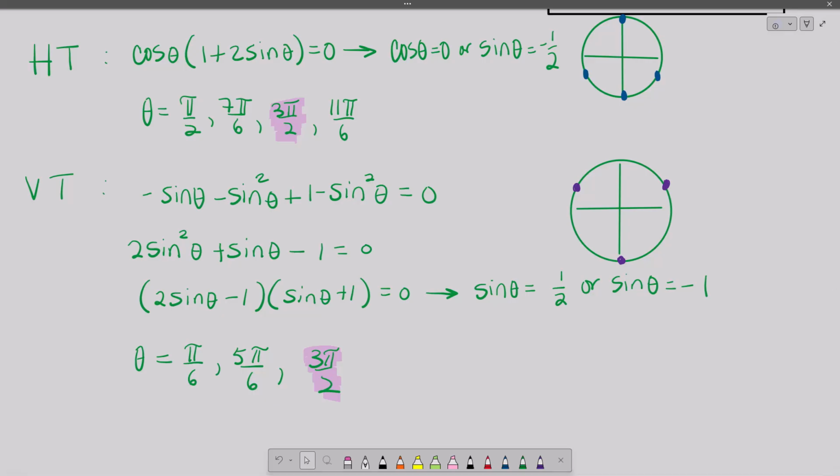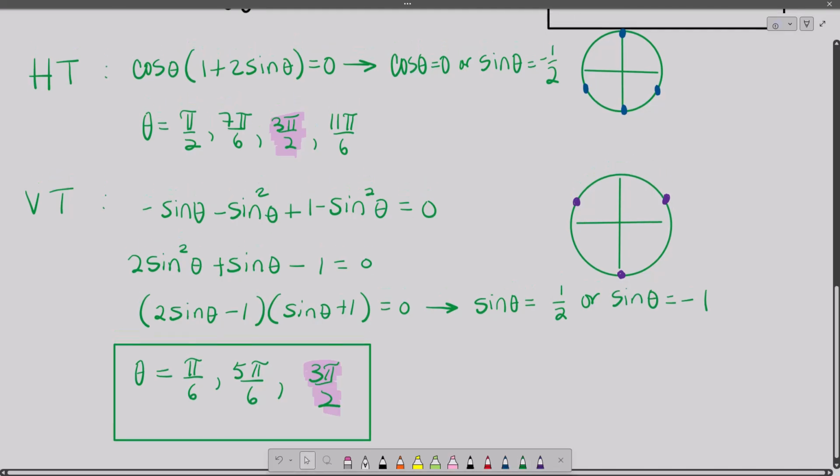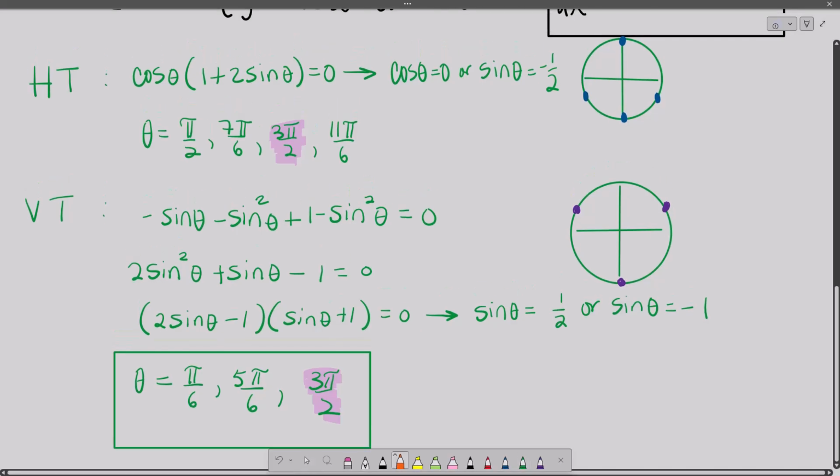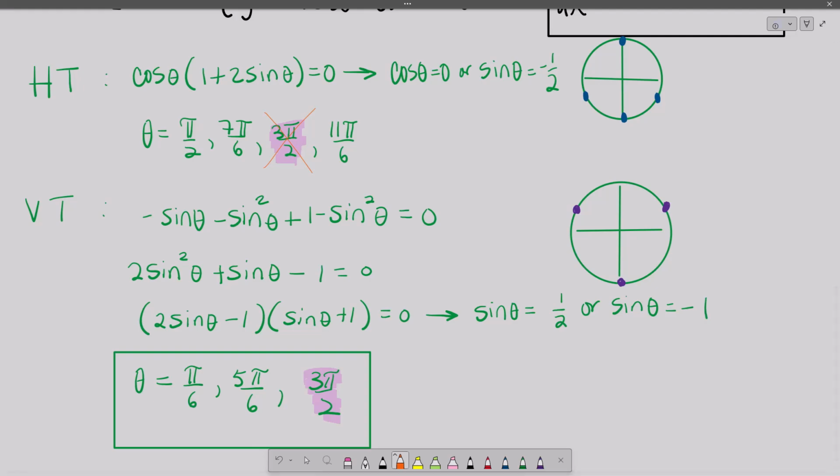The other ones, so these ones are all going to be vertical tangents, no matter what. This one is extraneous up here. That one is not going to create a horizontal tangent. The other 3 will create horizontal tangents, but that one is not going to.